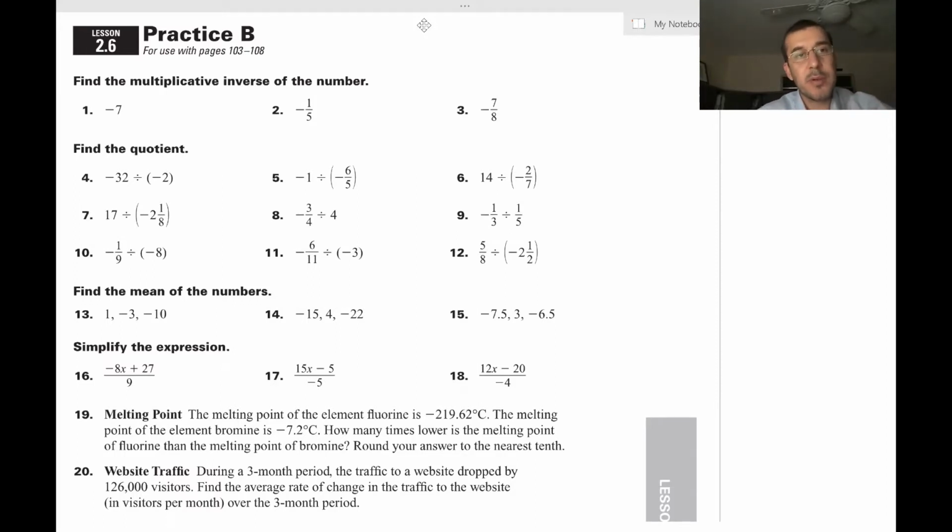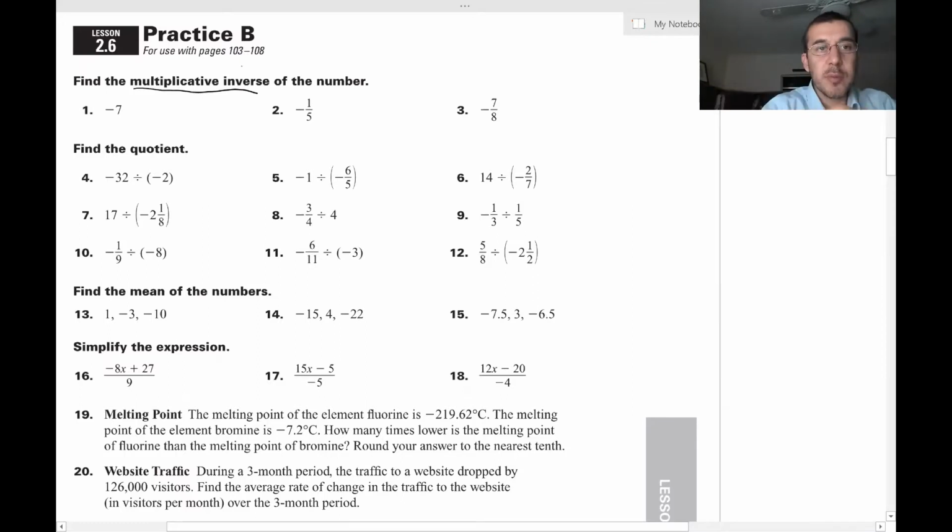So we talked about multiplicative inverse last time when we did practice A. Let's review. Multiplicative inverse is when you have a non-zero number A, the multiplicative inverse of that is 1 over A. And when you multiply those two, you get 1, right? Because they cancel out. So the multiplicative inverse of -7 is, well, -7 is -7 over 1, so it's going to be -1 over 7.